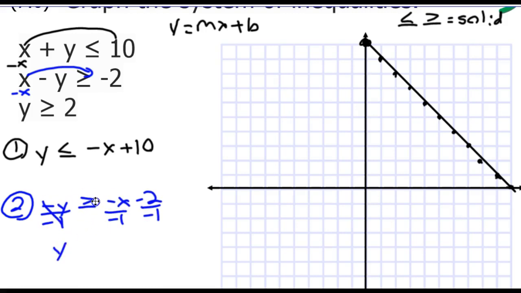Now when we divide by a negative number, we have to flip our sign. So it becomes y is less than or equal to 1x plus 2. This one we start at 2, and we're going up 1 over 1 this time. Again, we have another solid line.